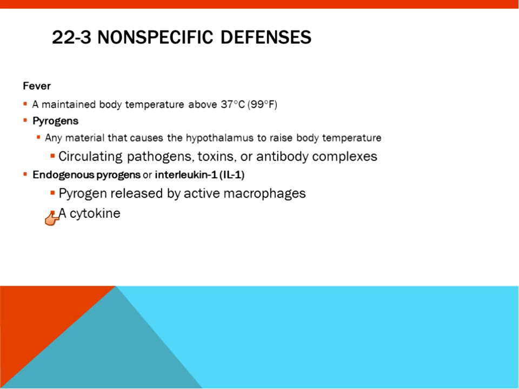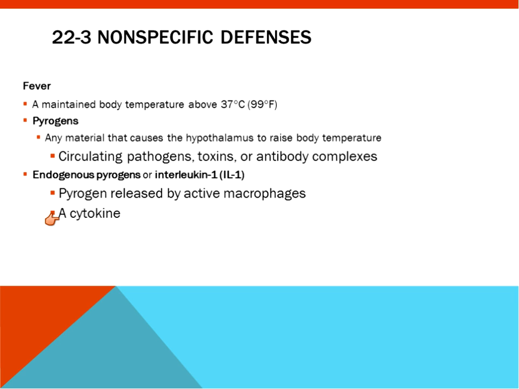So not only can circulating pathogens, toxins, or antibody-antigen complexes trigger a fever, we can also have interleukin-1 that's stimulated by your very own cells that says, hey, let's try to raise the body temperature in order to cook out some of these bacteria. So it's a chemical messenger, this endogenous pyrogen or interleukin-1, whichever you want to refer to it as.